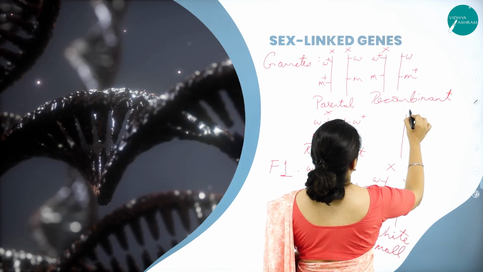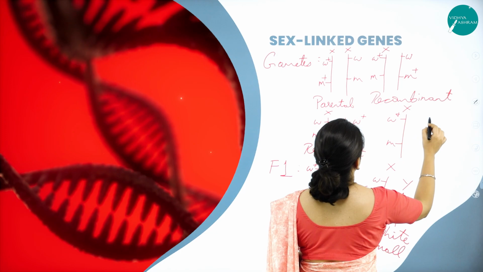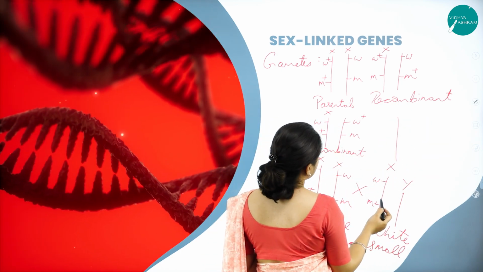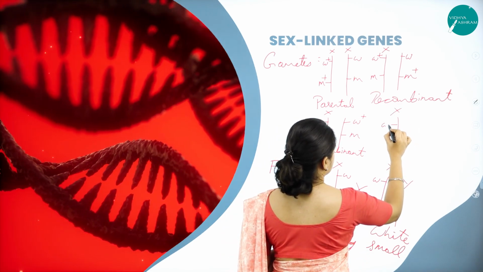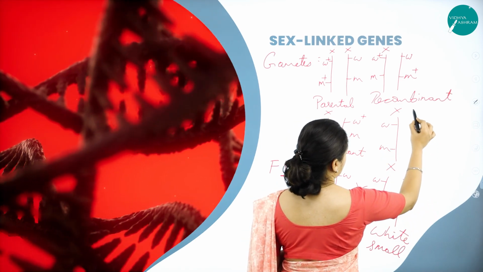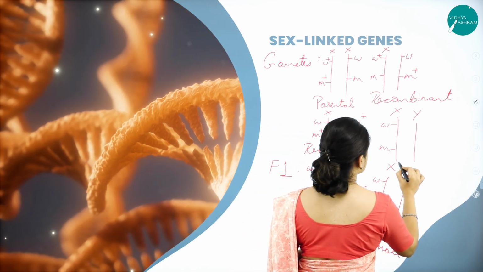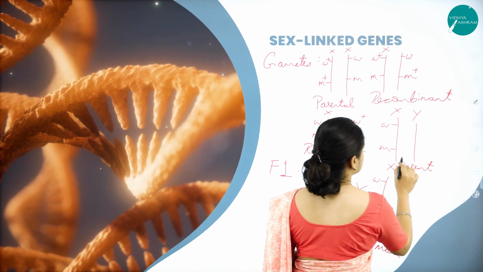One more, X, W plus M. One more gamete we have, that is W, M and Y. So this is the parent.